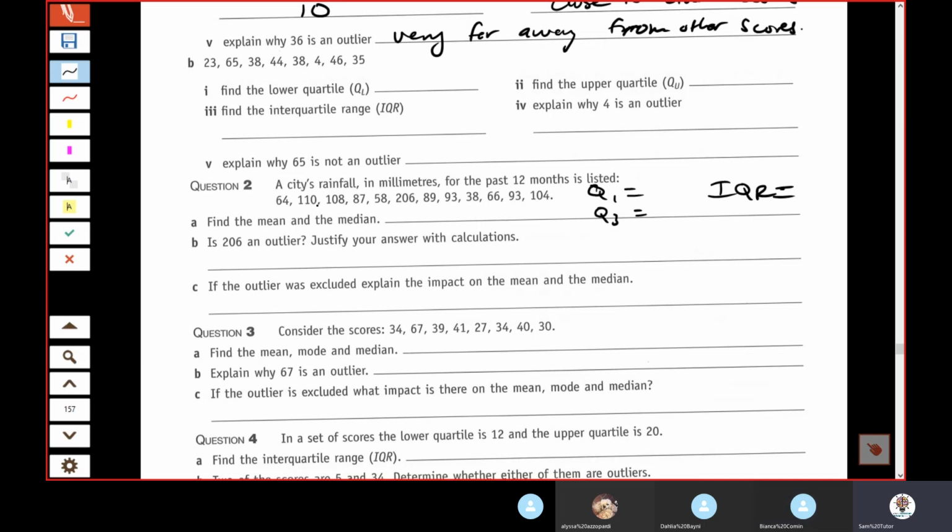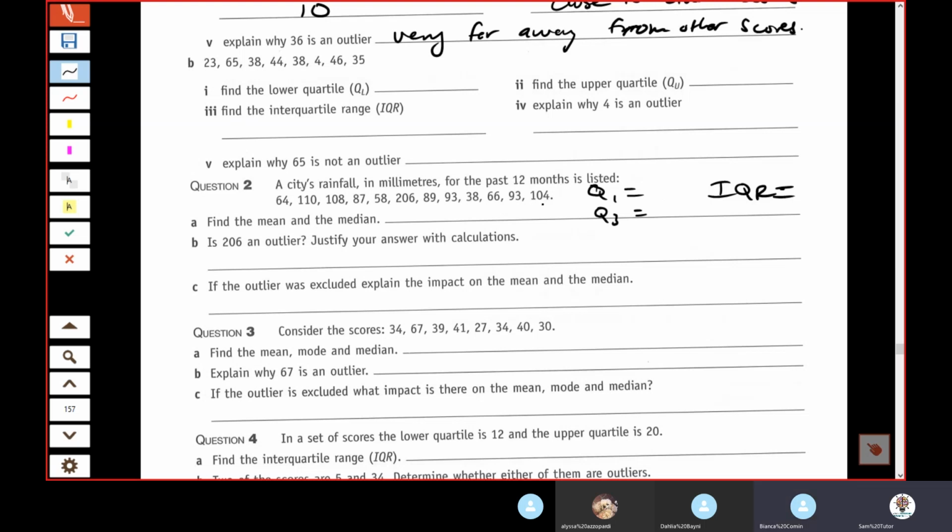Anyway, 64, 110, 108, 87, 58, 206, 89, 93, 38, 66, 93, and 104.